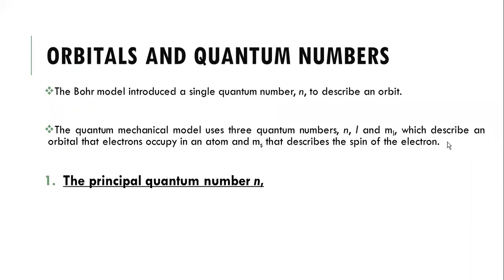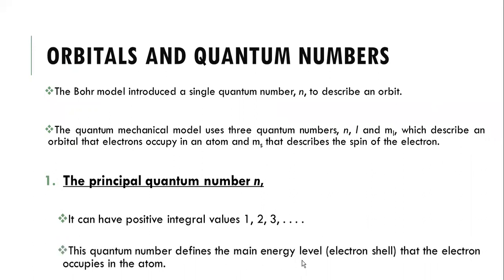The principal quantum number is described as n. It can have possible integral values. The quantum number defines the main energy level, you can say the electron shell. It says the main energy level or the electron shell that the electron occupies in the atom.